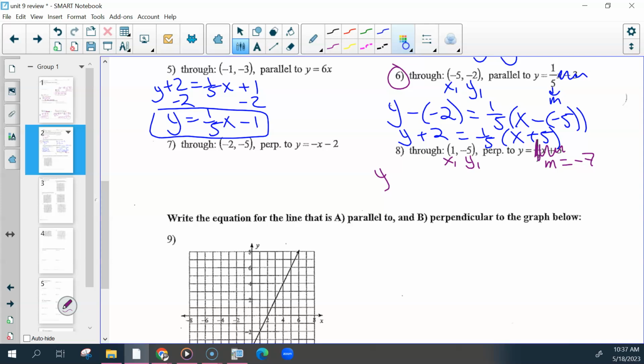So y minus -5 equals -7 in parentheses x minus 1. Here we only have to make one of the things positive, so we can make this positive and distribute at the same time. So y plus 5 equals -7x plus 7.